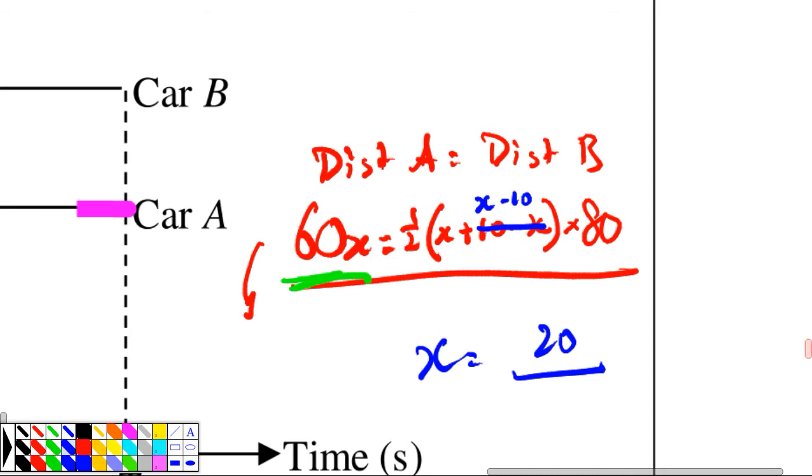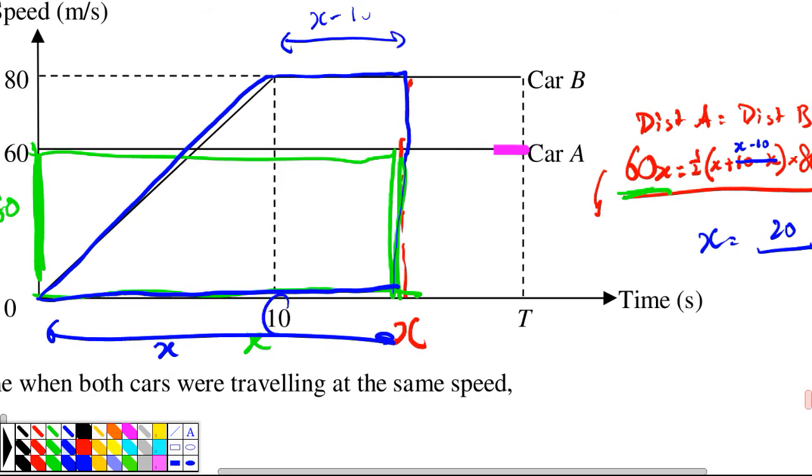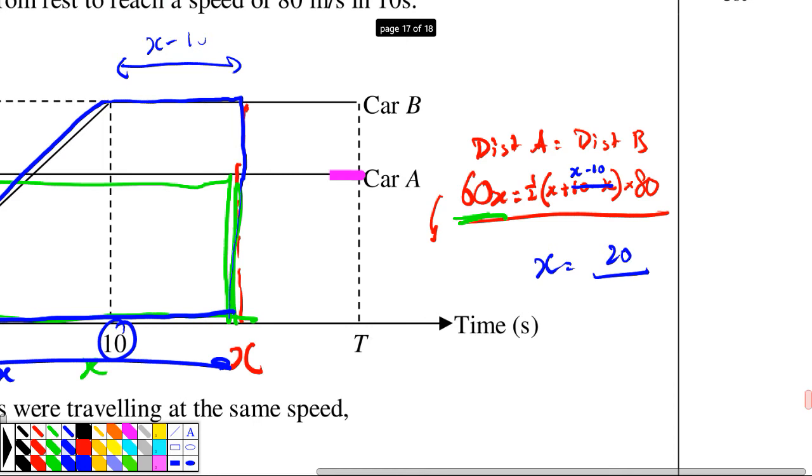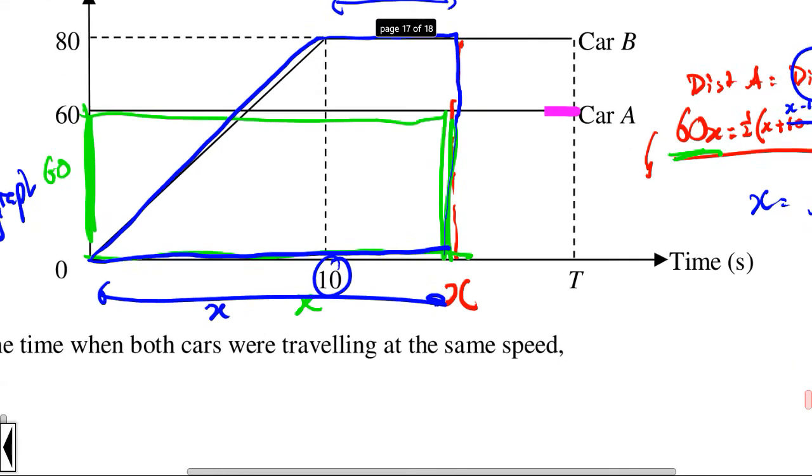So the x can be before 10 or after 10. That's why it's very critical to calculate at 10. If I say they overtake before 10, for distance b, will I use trapezium? I will use another shape. I will use a triangle.